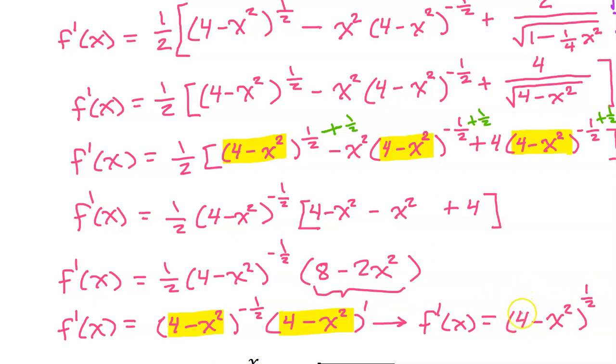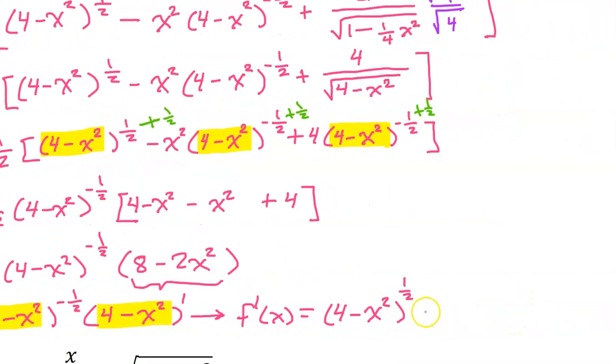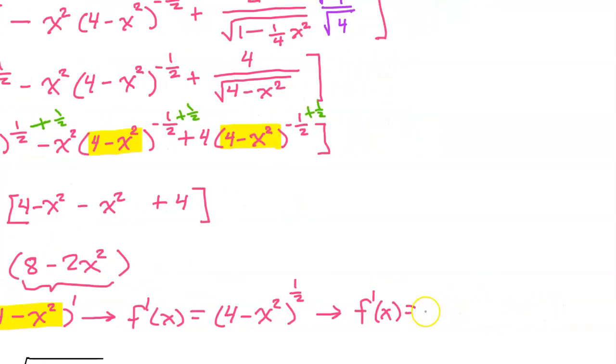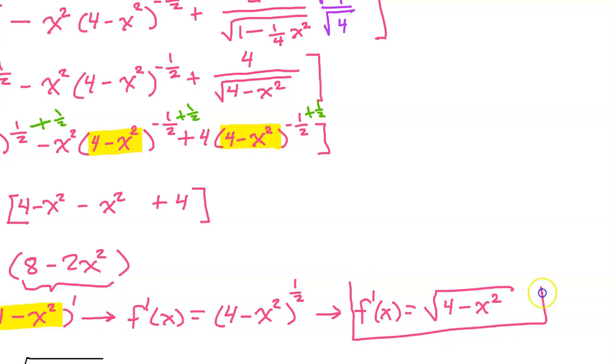And we know that the 1/2 power is the same as the square root. So we could write this as f prime is equal to the square root of 4 minus x squared. And this is the completely simplified version that you would find on a multiple choice option.